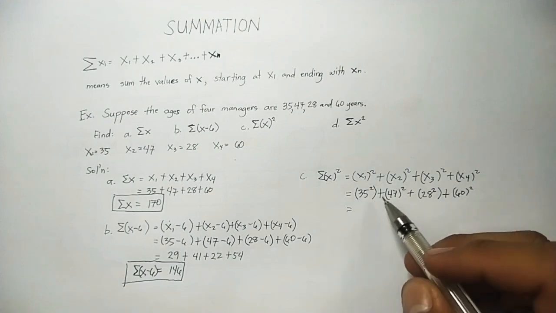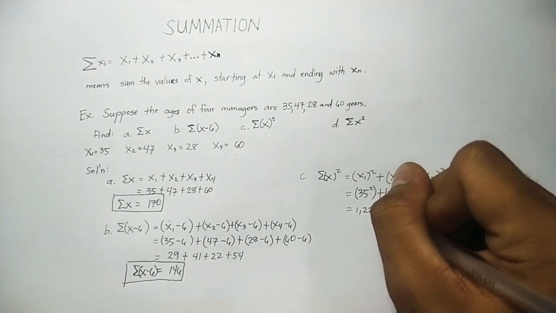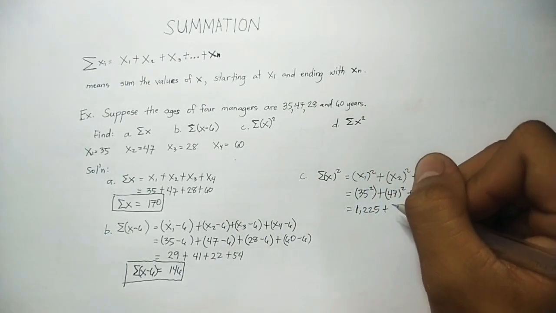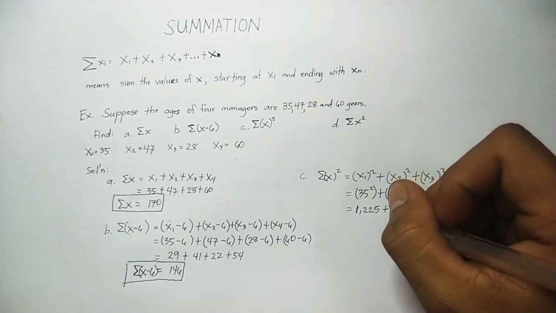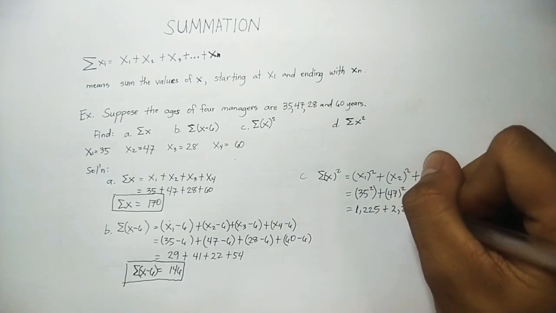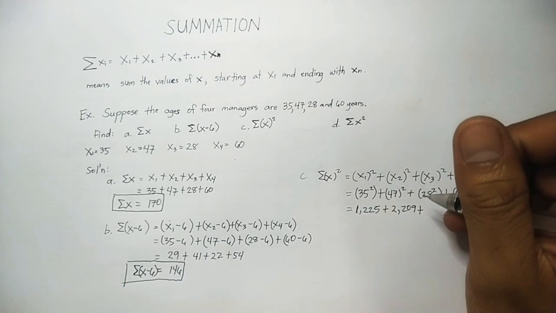So, 35 squared is equivalent to 1,225 plus 47 squared. You can use your calculator in computing so that it is easy for you students. So, the answer would be 2,209 plus 28 squared.